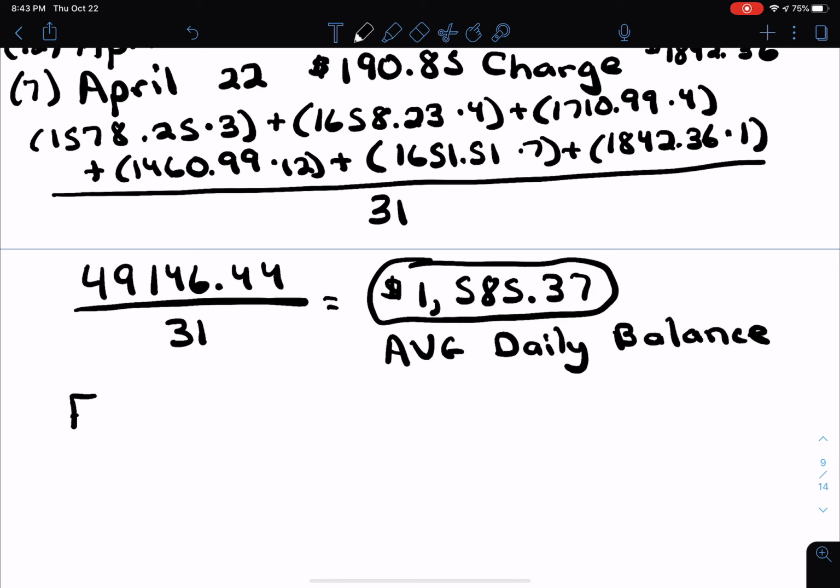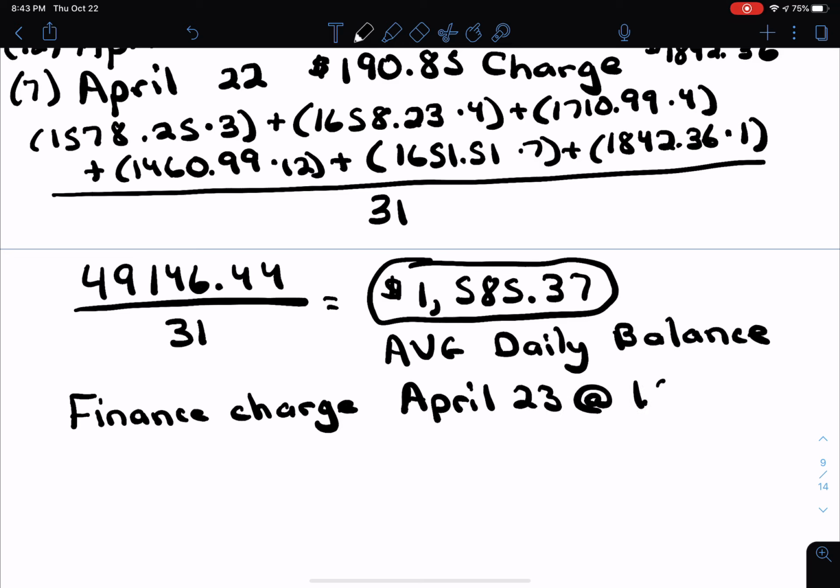So finance charge, April 23rd, at 1.3% monthly. PRT.